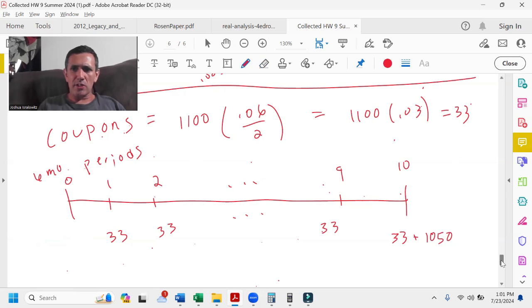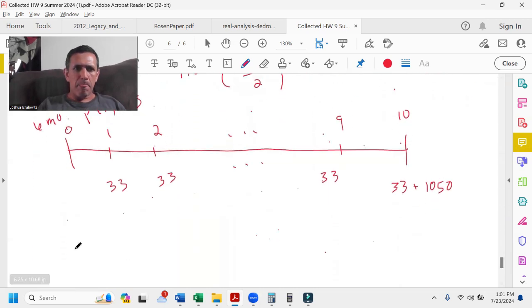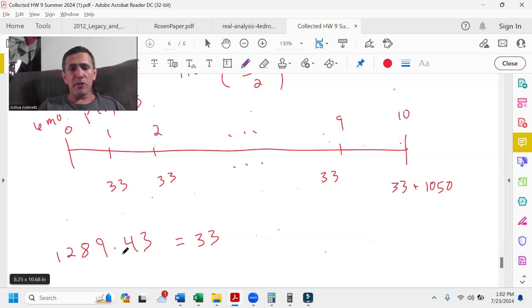Saying I want to find a yield for this situation is basically saying my present value, what I paid for this whole investment, is going to be 1289.48. I want a 6-month interest rate where this whole time diagram is priced at that interest rate.